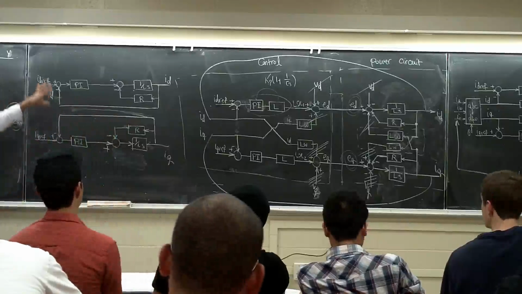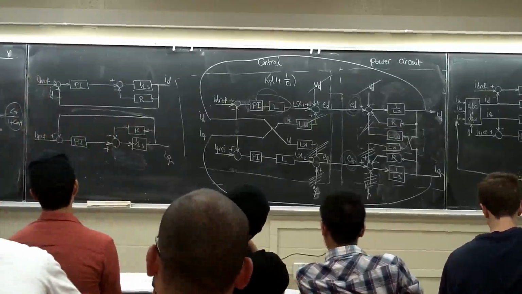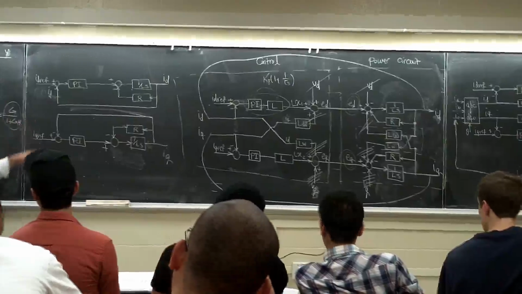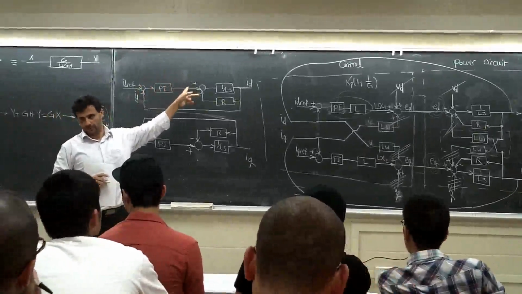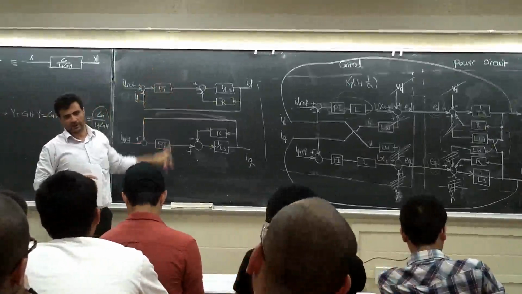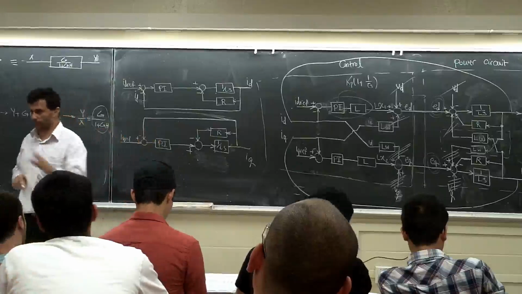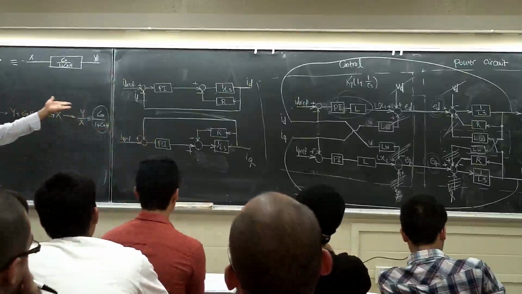See, you have one block diagram for ID, one block diagram for IQ. This is the decoupled control. If you change something here, ideally it shouldn't affect that. If you change something there, ideally it shouldn't affect this. It does a little bit, but it's going to be better than the one you had initially. They were coupled together.